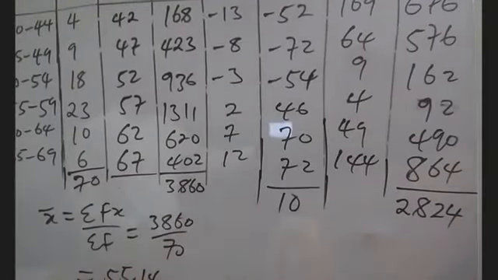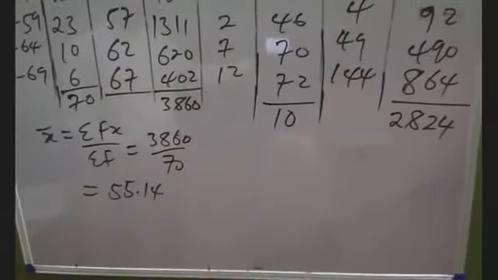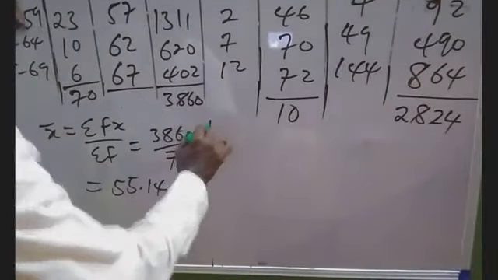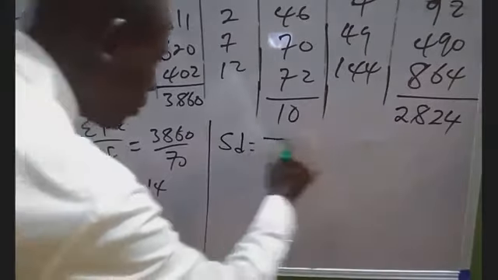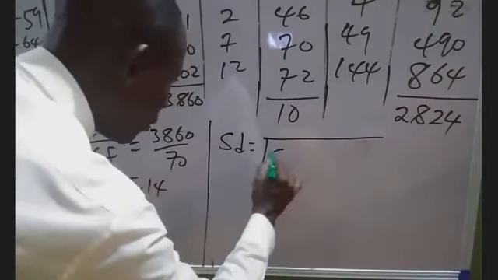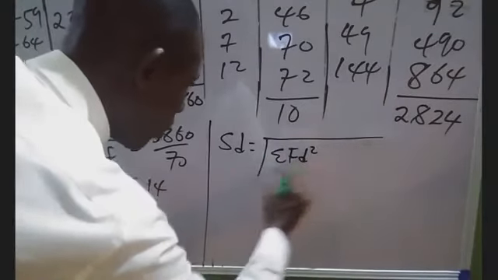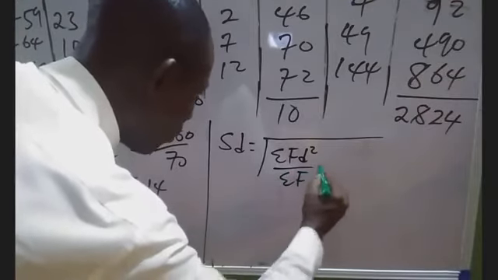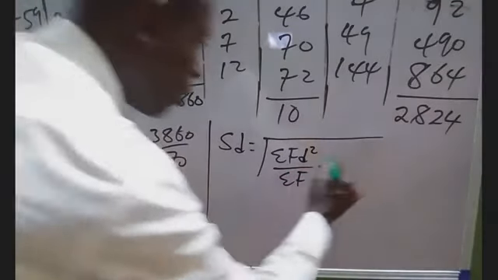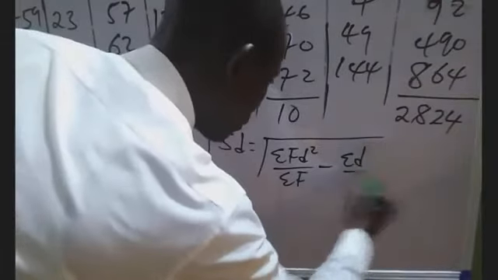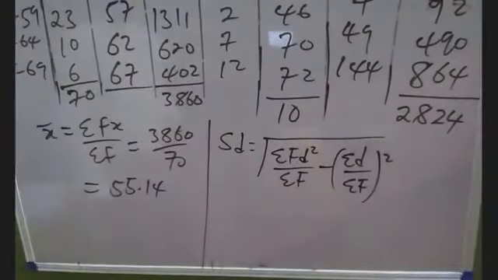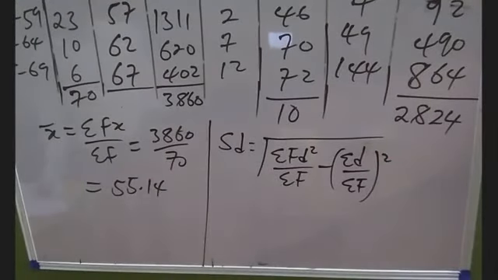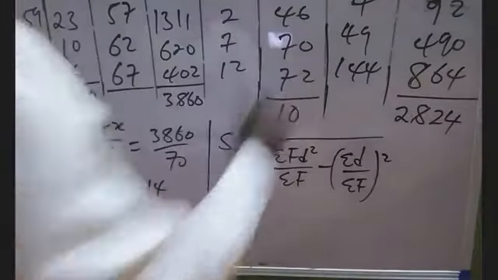The standard deviation is equal to the square root of sigma fd squared over sigma f minus sigma fd over sigma f, all squared. If you put the values there, sigma fd is 10.